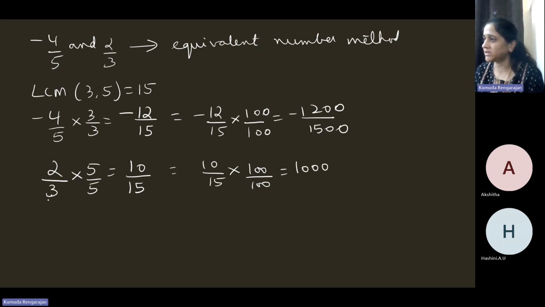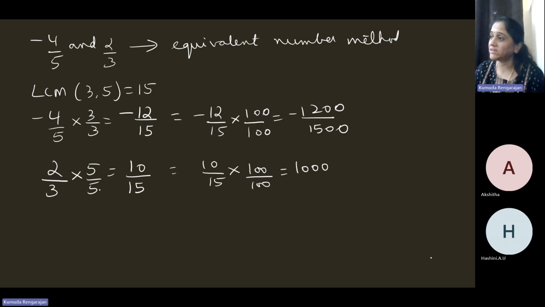We can't multiply by 2, 3, 4, but with other numbers like 100. What is 100 by 100? 1. What is 3 by 3? 1.